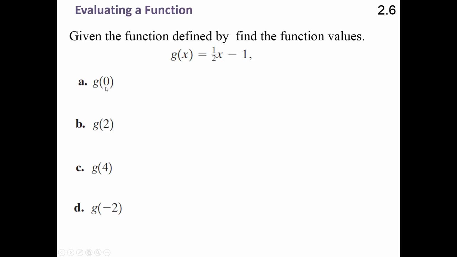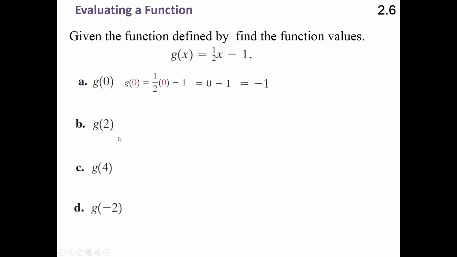So if we want to evaluate g at 0, we have to take 0, multiply by 1/2, and subtract 1. Well, this is some simple arithmetic. If we make this evaluation, it would be 0 minus 1, which is just -1. So we can say g of 0 is -1, or equivalently, 0 is mapped to -1, or equivalently, the ordered pair (0, -1) is on the graph of g.